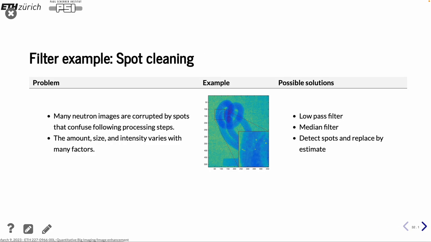One example where the median filter comes in well is spot cleaning. In many imaging techniques, you may get these outlier spots. It could be detector faults. It could be, as with neutrons, that it's actually part of the physical process, the interaction between matter and neutrons, that generates gamma photons that hit the detector, and then we have a lot of these spots.